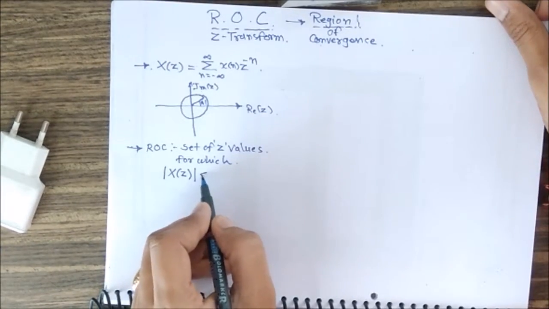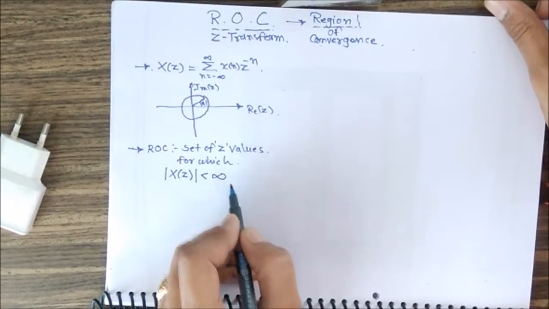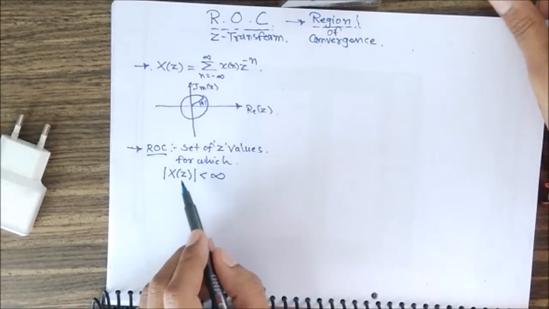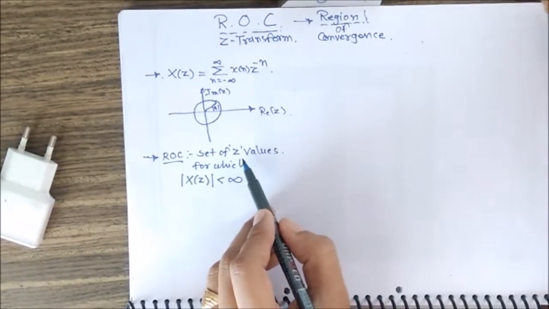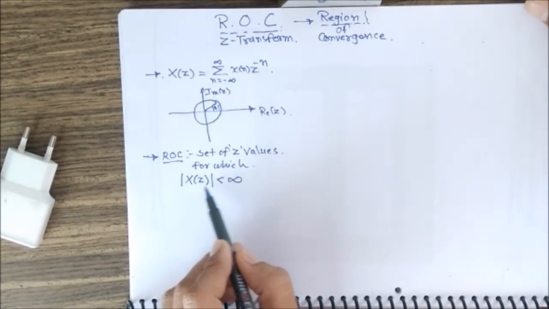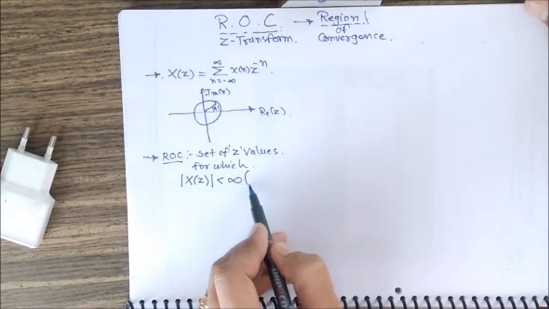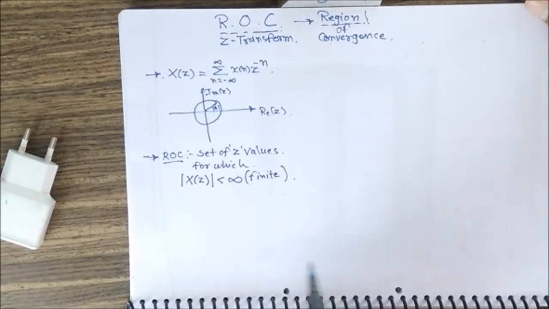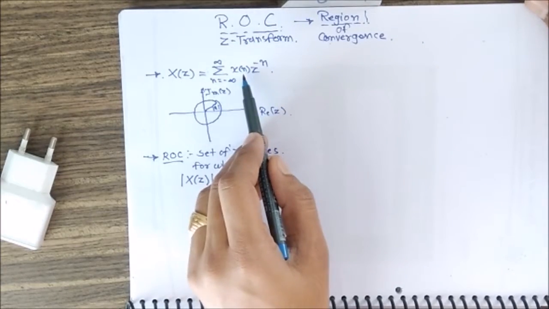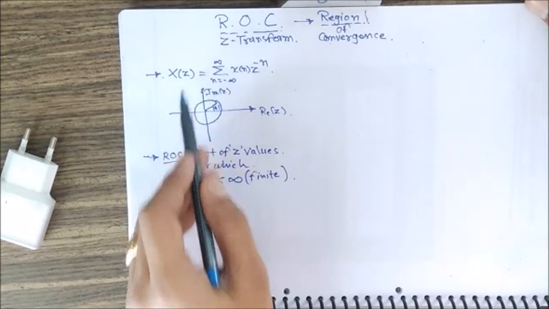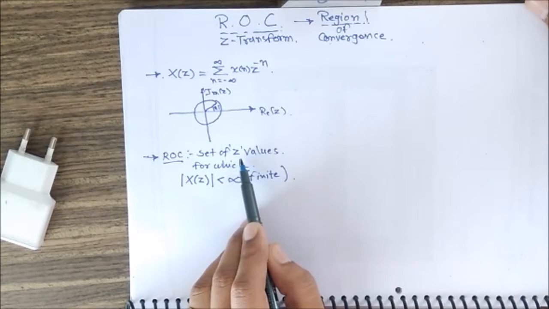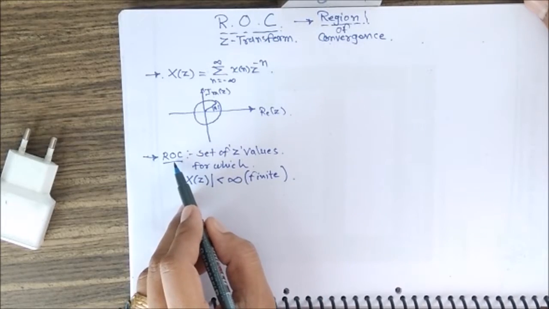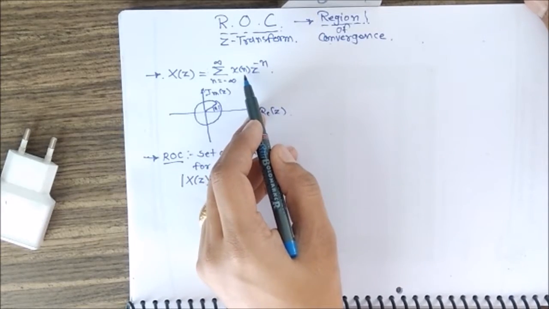So mod of X of Z is less than infinite. We will repeat again, the ROC is a set of Z values for which the X of Z should be finite. Less than infinite means finite. It means for a given x of n, X of Z should be finite for a set of Z values. So that is the region of convergence for a given sequence x of n.